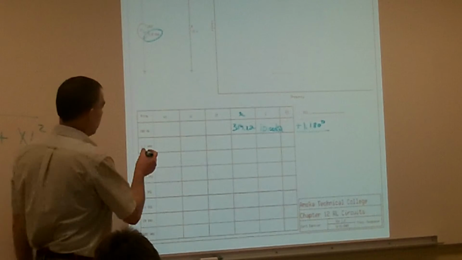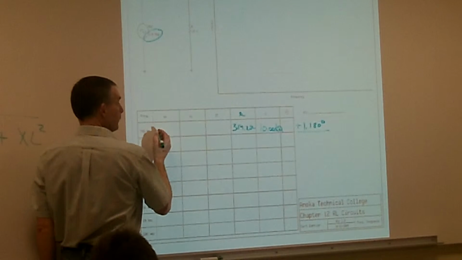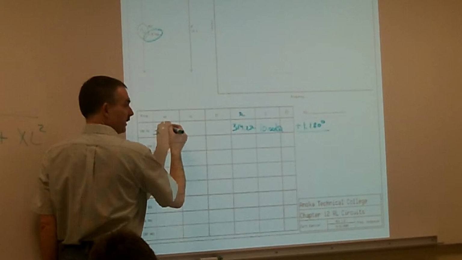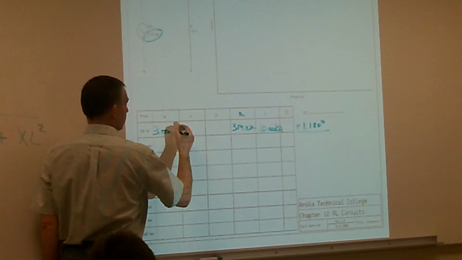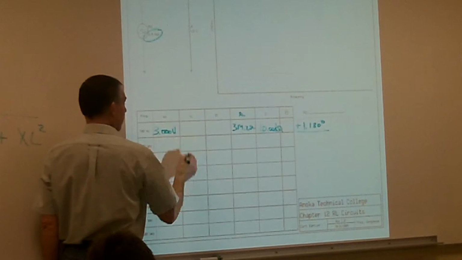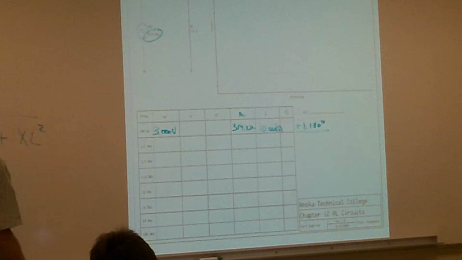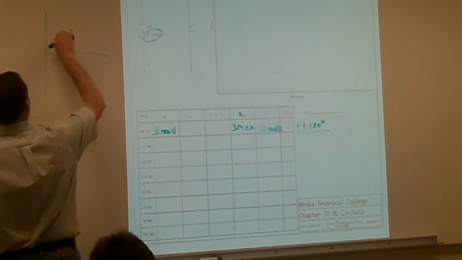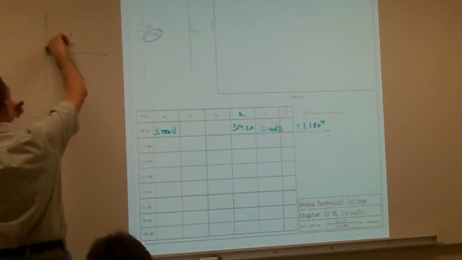So what do we get for VR? Three volts, by the time you round it up. It gets to be about 3 volts, but it'll be slightly less than that, because we know my angle is so close to 0.